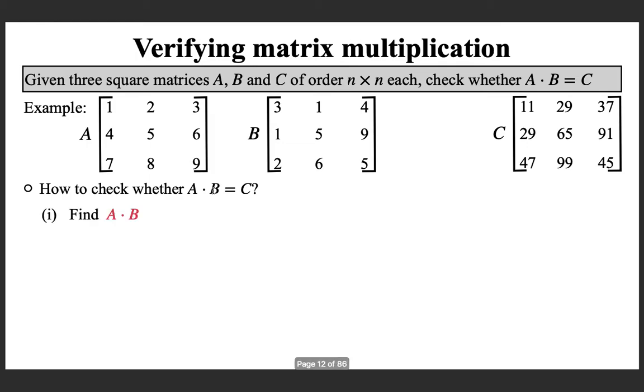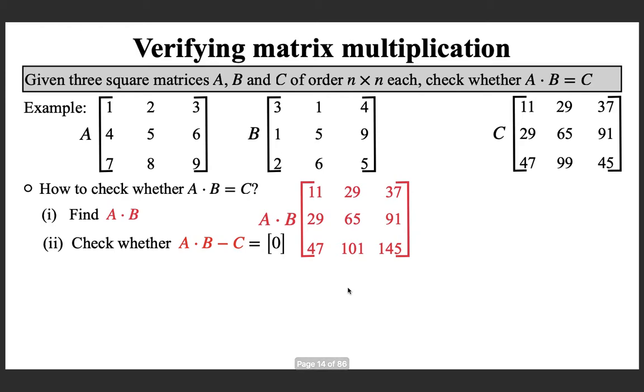In a deterministic process, you first obtain the product of A and B. In this example, this is the product that you want to get first. After that, you check whether the product minus C is the 0 matrix.